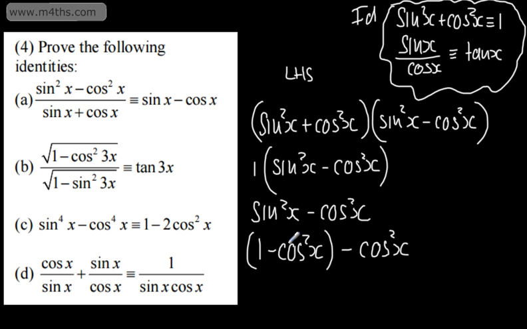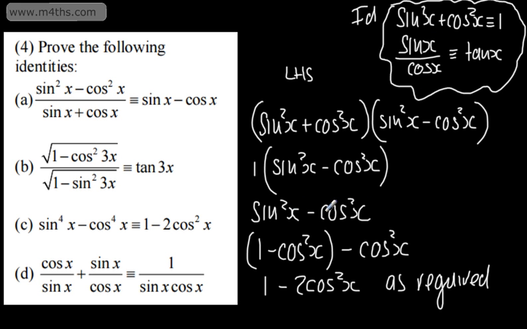So this gives me 1 minus cos squared x minus cos squared x, and 1 minus 2 cos squared x as required. So what I've done is focused on manipulating the left hand side, spotted the difference of two squares, used my identities, I've got them up here, I've plugged them in, and we simply show that.